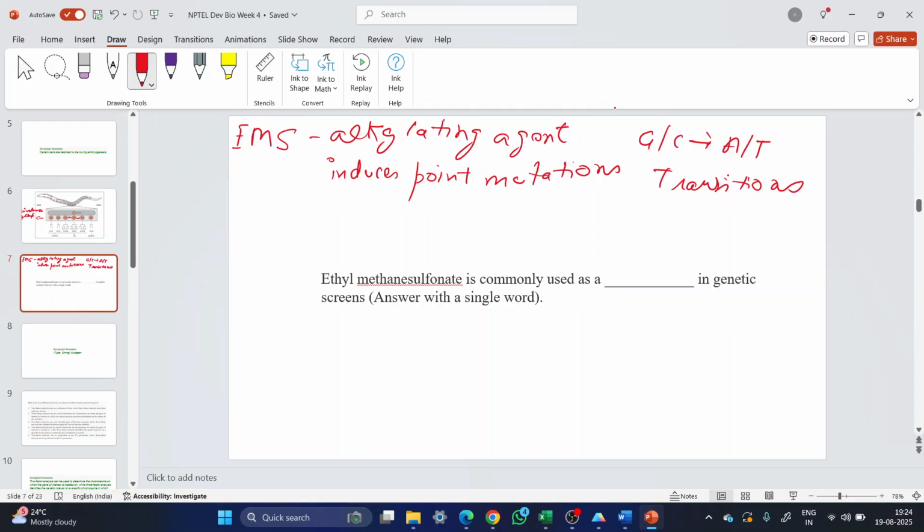Mostly they are used in the forward genetic screens. And what is the meaning of forward genetic screens? These forward genetic screens are basically used in C. elegans, in Drosophila, and some plants.